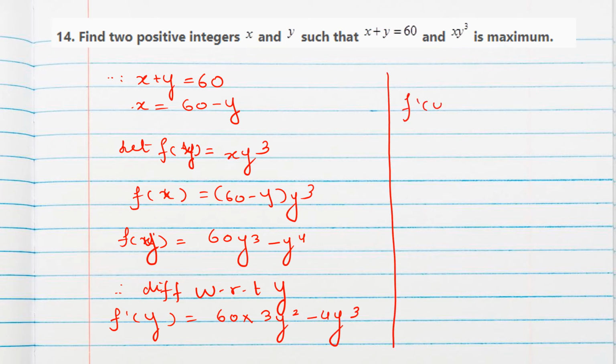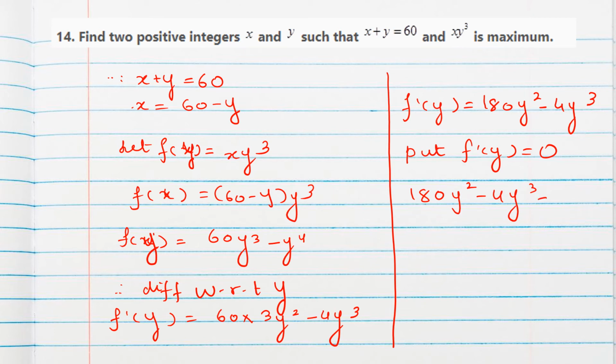So we get f dash of y as 180y square minus 4y cube. Okay, now the next step is to put f dash of y equal to 0 to get the critical points. So 180y square minus 4y cube equals 0.